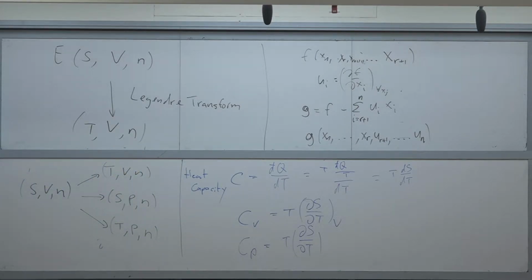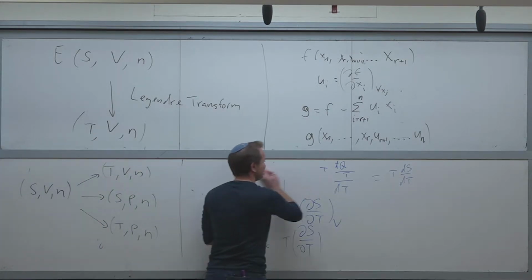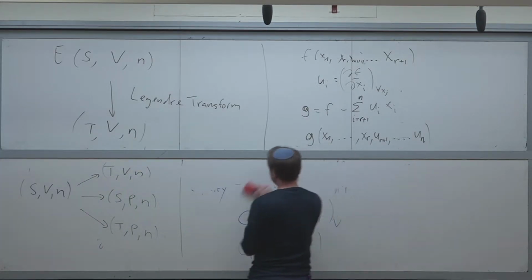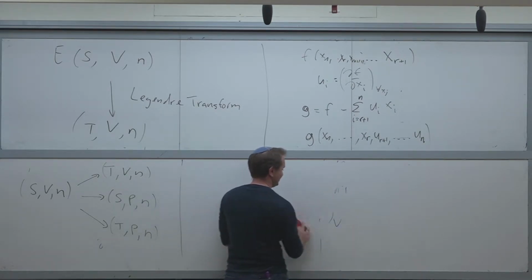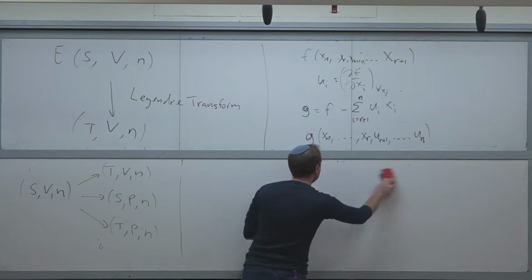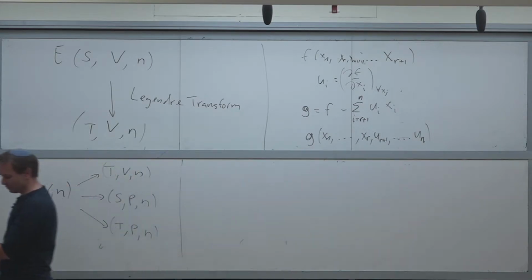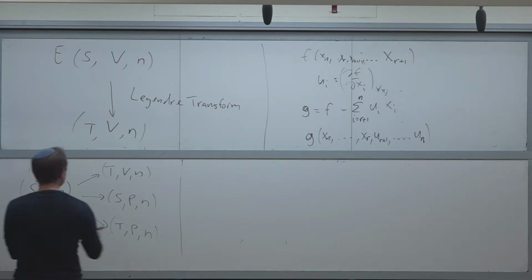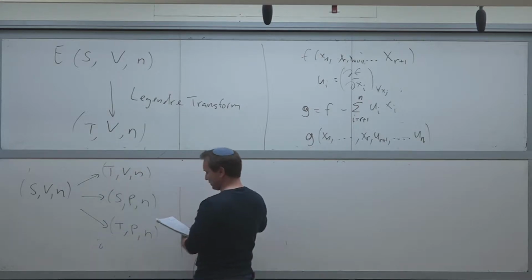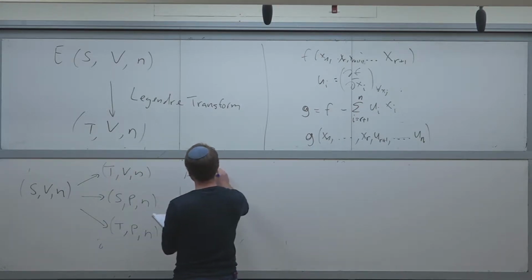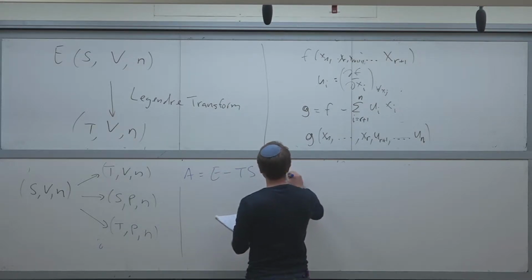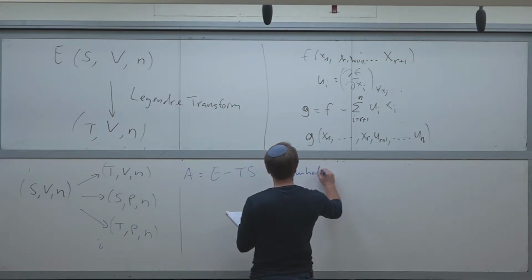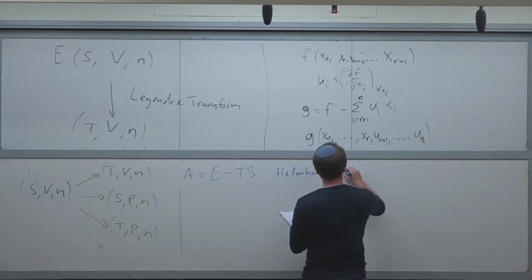The three different functions that we have obtained are those. So first of all, this one: A equals E minus TS. The name is the Helmholtz free energy.